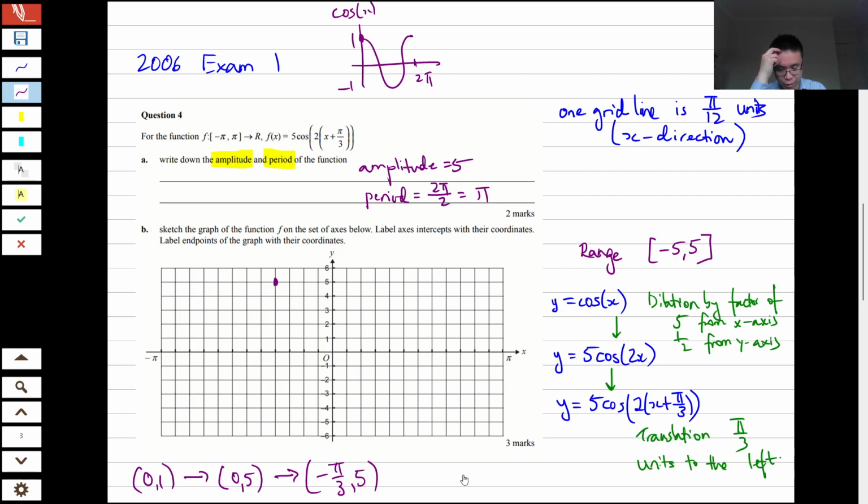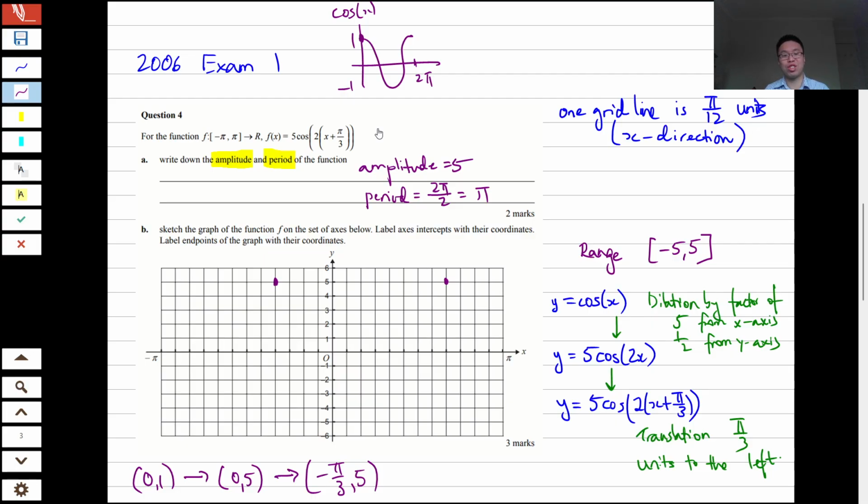And now I'm asking the question, if the period is pi, then if I go 4 away from pi, I should get back to the same point again. Furthermore, I know that every half of a period, I transition from the maximum value to the minimum value. And there are 12 grid lines in one period.